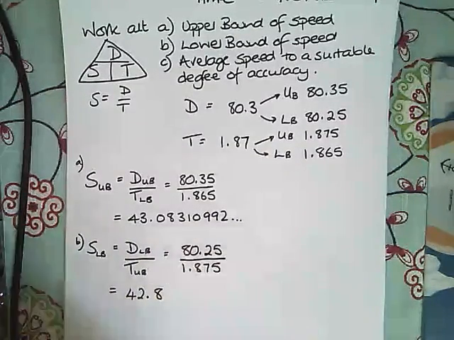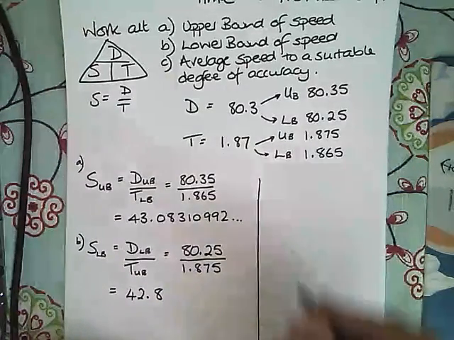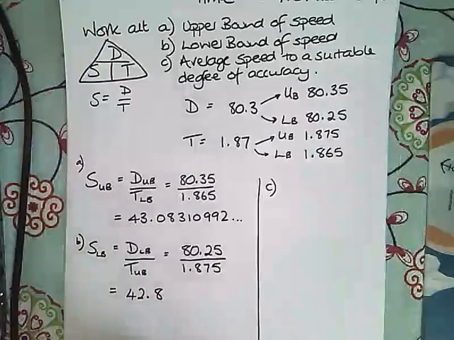Now, when we go to part C, I'm going to go down here. When it says a suitable degree of accuracy, that means as far as possible, so as accurate as you can be with those two numbers agreeing.